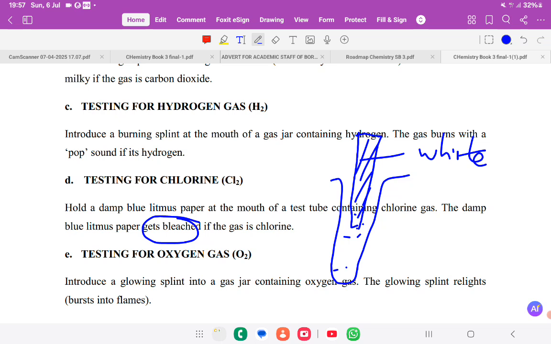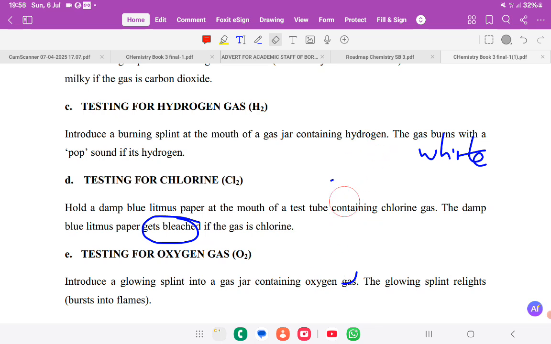So should the examiner ask you, explain how you can show that a gas produced by a chemical reaction is chlorine, all you have to say is that hold a damp blue litmus paper at the mouth of the test tube containing the gas. The damp blue litmus paper gets bleached if the gas is chlorine.